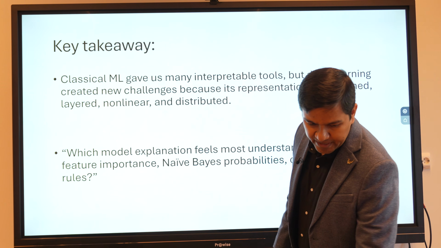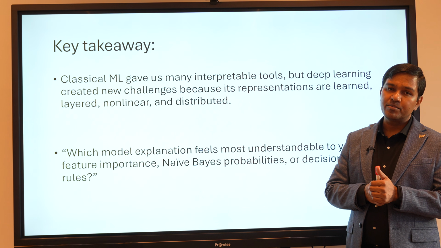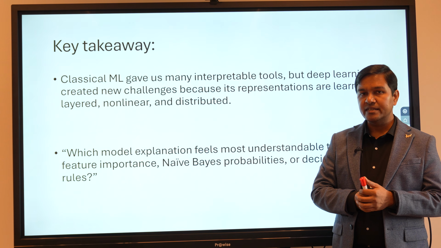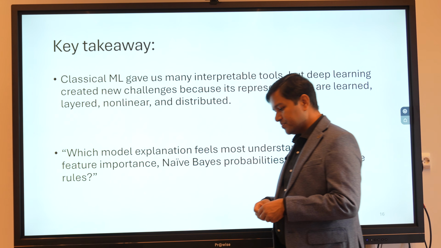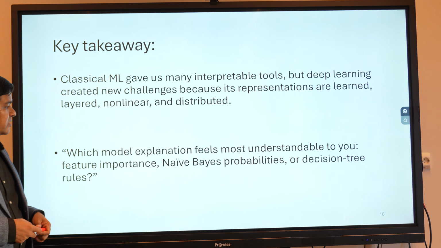The takeaway is that classic ML gave away many interpretable tools, but deep learning created new kinds of challenges, and so while it improves accuracy, more challenges have been introduced.